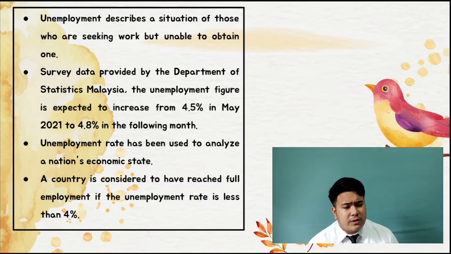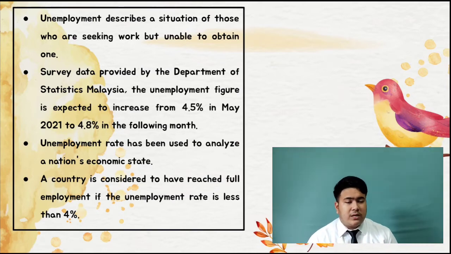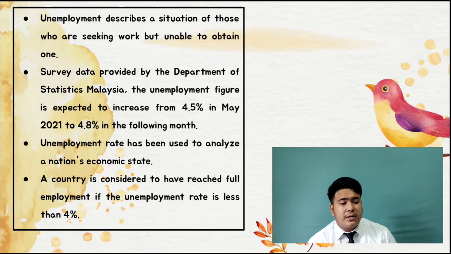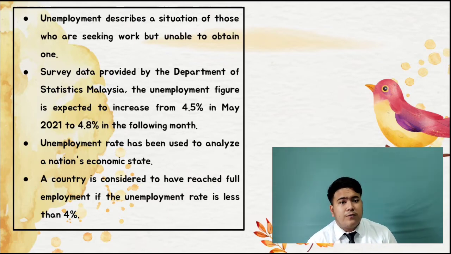The unemployment rate is usually used to analyze the economic state of a country. A country is considered to have reached full employment if the unemployment rate is below 4%.